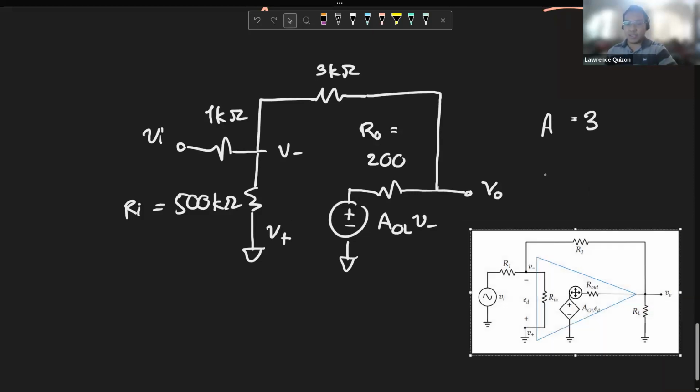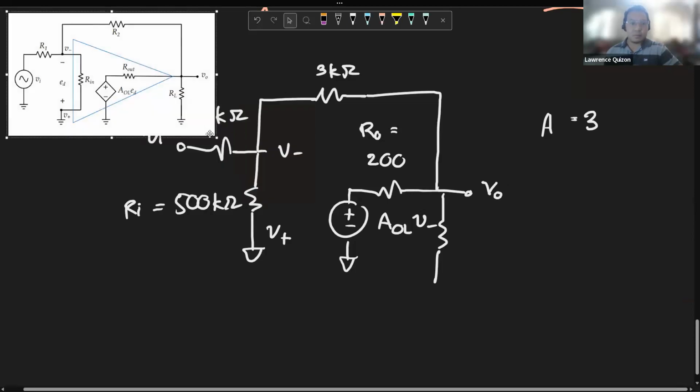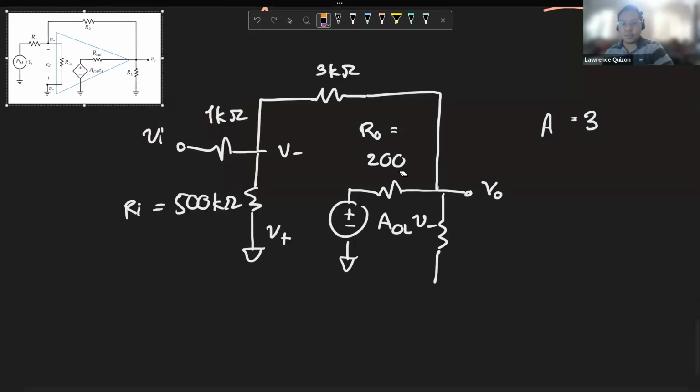There's a load resistance, so it's not exactly the same picture. So the load resistance would be 1 kilo. And that gives us all of the circuit components needed.